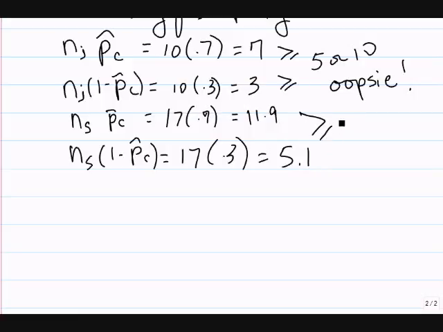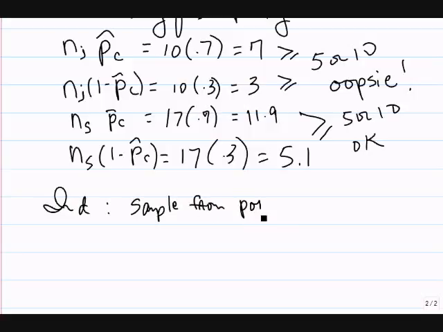Okay, we're okay, we'll go ahead with this. There was just a little lacking of juniors in general. And independence. We're going to sample from a population of juniors that has to be greater than 10 times n.